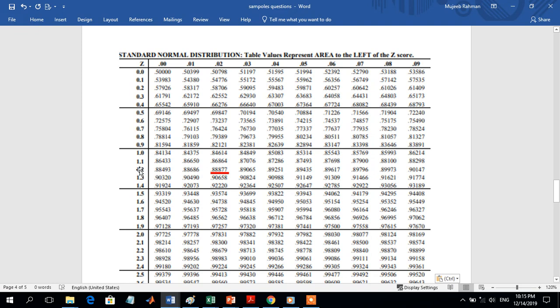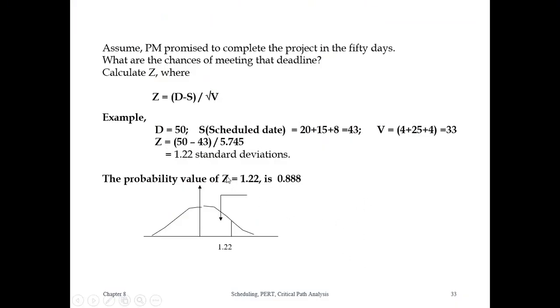So 1.2 plus 0.02 gives you 1.22, and the value corresponding to that is 0.8887, which is nothing but 88.87%. So there is an 88.8% probability, or chance, that this particular project can be completed in 50 days.